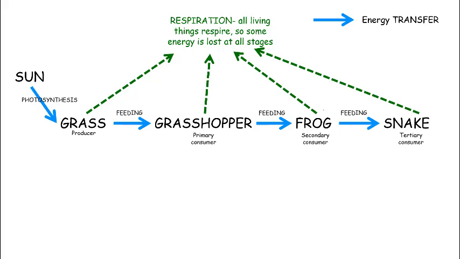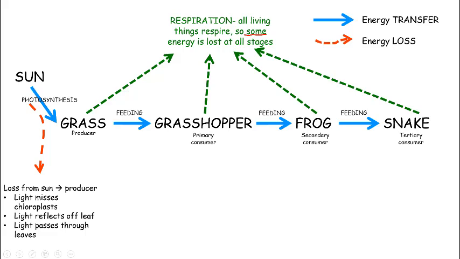Now, if we're looking at the transfer of energy, energy is lost at every stage, and that's because respiration takes place. All of these things are living things, so all of them have to respire, so energy is lost at all stages. I say some energy, but actually loads of energy gets lost at each stage.